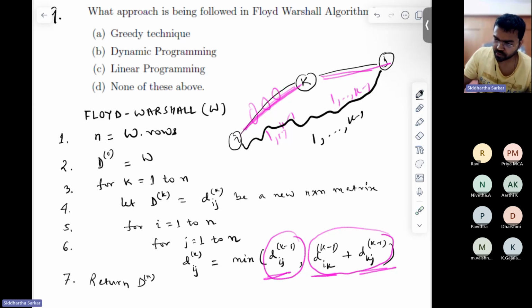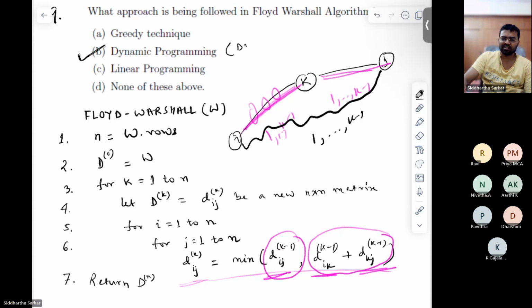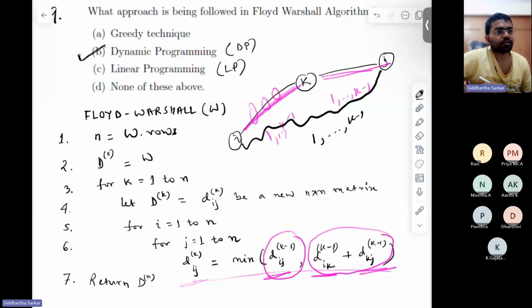Because you have divided the problem into subproblems, and then you have written a recurrence with respect to the subproblems to find the solution of a larger one. This recurrence itself is telling us that it is a DP. Dynamic programming in short is also called DP. Linear programming is also called LP. Okay, it's not 3D. Is that fine? Any questions?